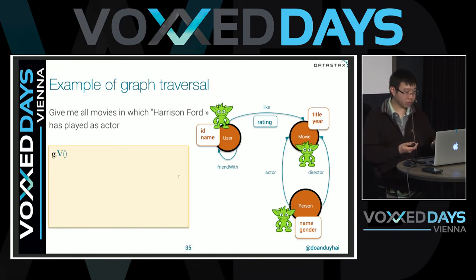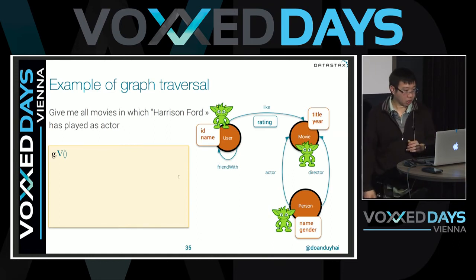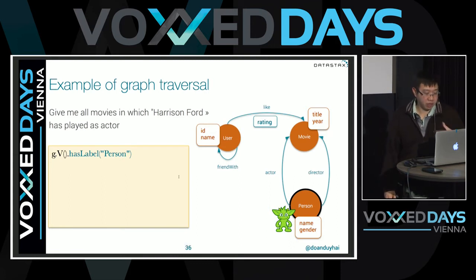So I start with g. g means graph. This is my graph, an alias to my graph. g.V, V means, give me all the vertices in my graph. So at this step, the answer of g.V is all users, all persons, all movies, because I didn't specify what kind of vertex I want. Now let's be more specific. g.V.hasLabel('person').